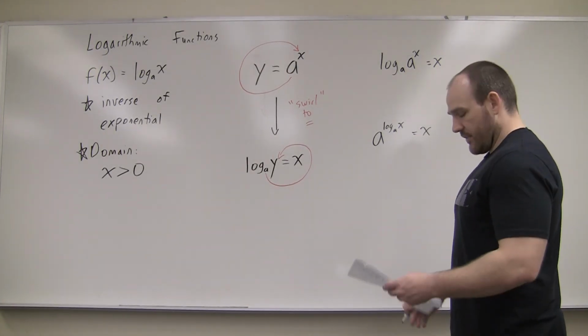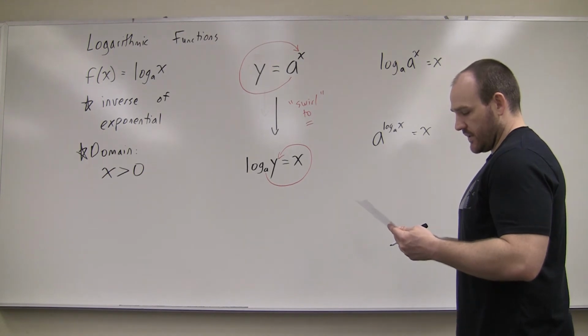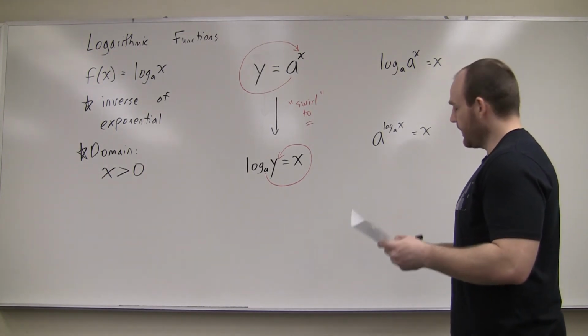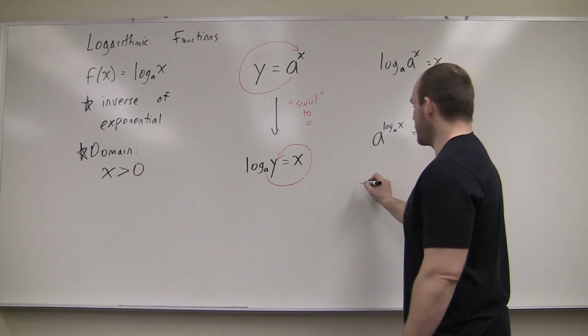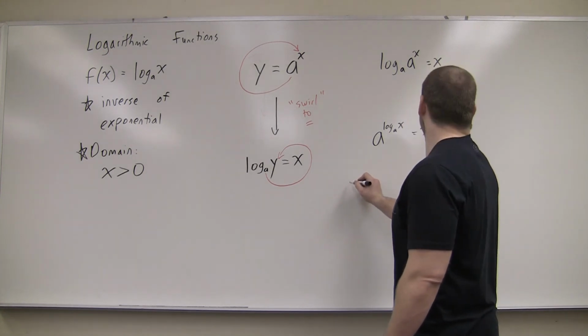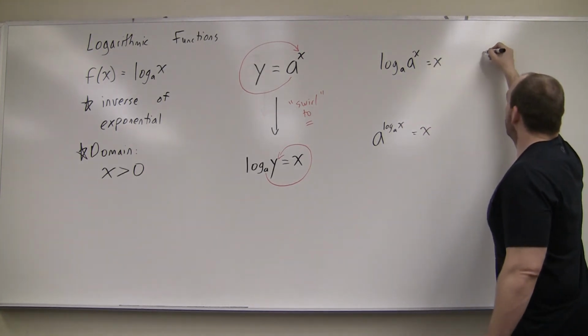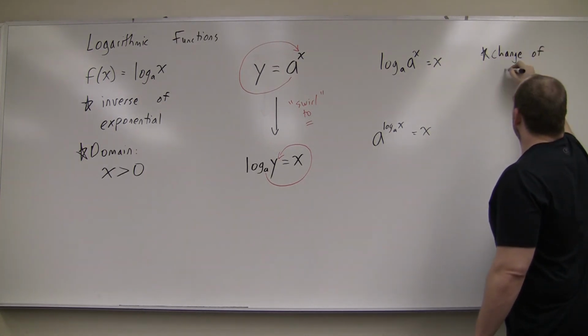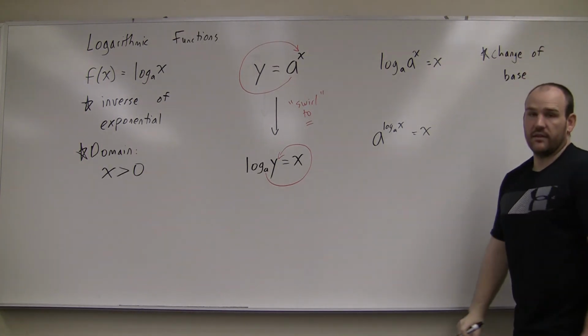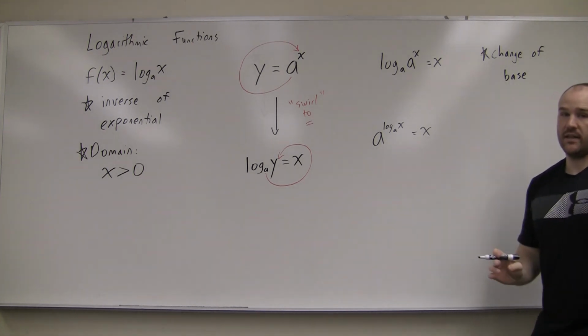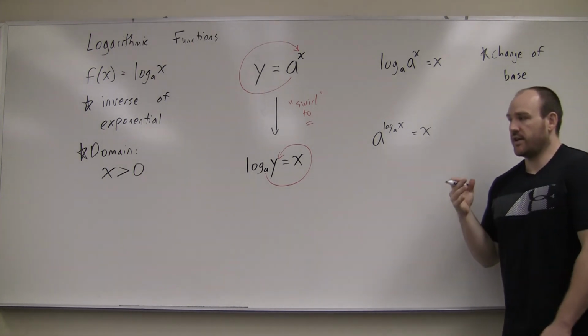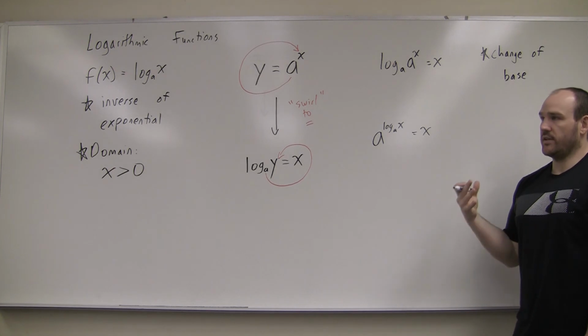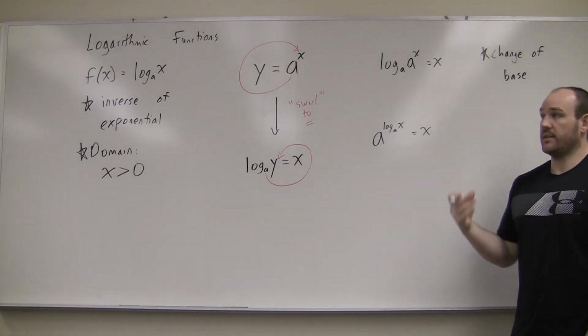Then the last property we need to talk about before we start adding different rules is what's called change of base. Now, this is useful mainly if you are trying to evaluate something where you want a common base.